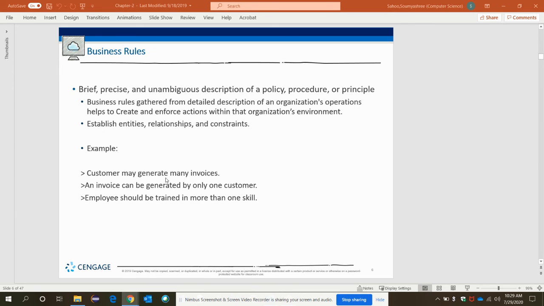I can give you some examples. A customer in an organization may generate many invoices. An invoice can be generated by one and only one customer. An employee should be trained in more than one skill. If you are imposing that type of business rule or constraint on the database, you have to stick to that. This is about business rules.